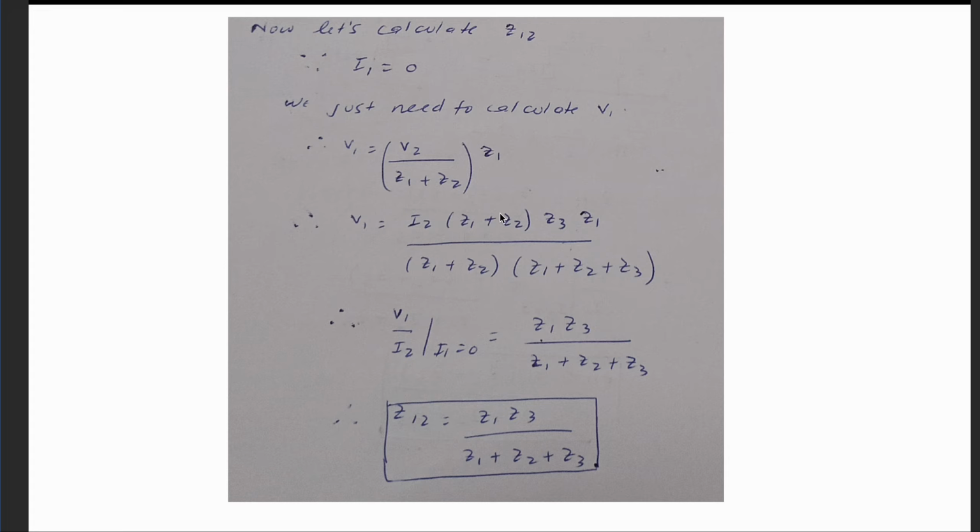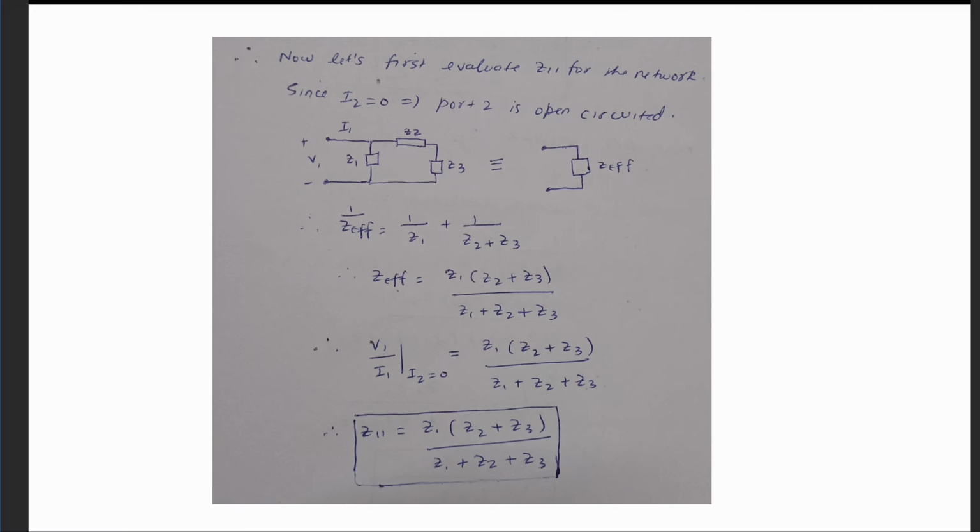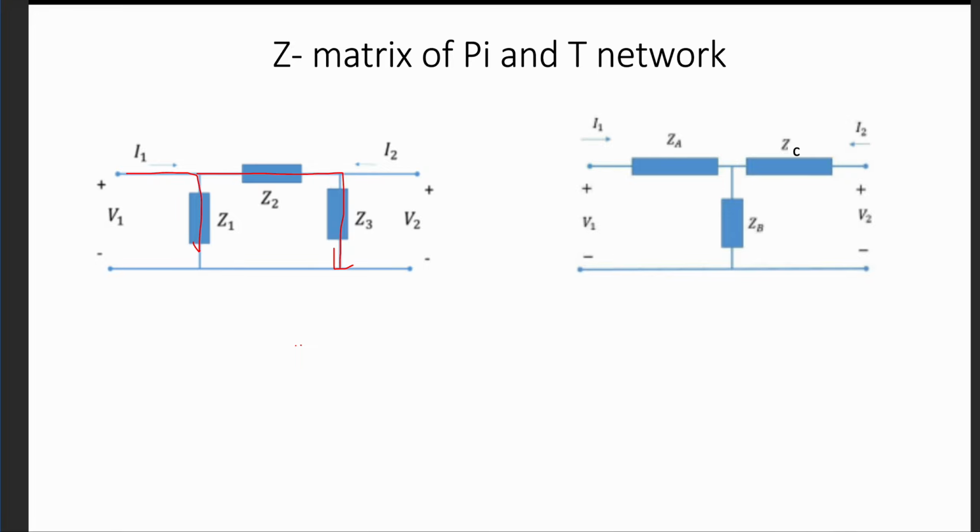And you can see that in numerator and denominator you have Z1 plus Z2 common, so it will get cancelled. Then if you divide V1 by I2, you will get the following Z12 parameter, which is Z1 Z3 upon Z1 plus Z2 plus Z3. Okay, so these are all the Z parameters for this particular pi network.